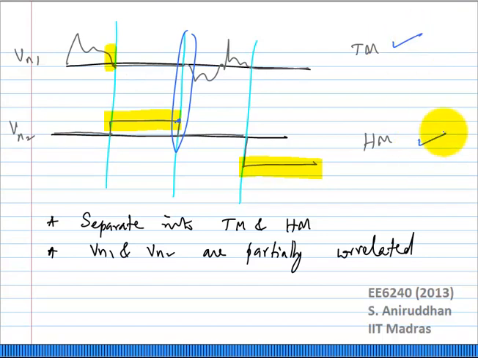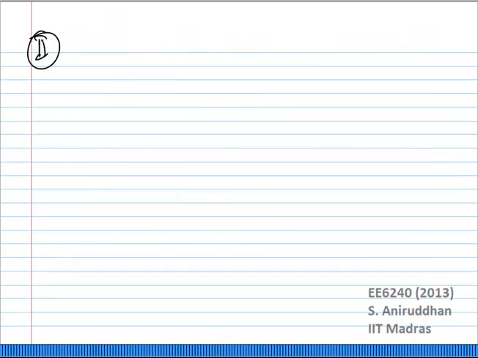Now the one thing to keep in mind is when you do the analysis for the track mode, you can no longer consider components from 0 to FLO by 10, because you have already taken it into account in the correlation process, and the same thing for the hold mode, for VN2. So I'll call those VN1 prime and VN2 prime.